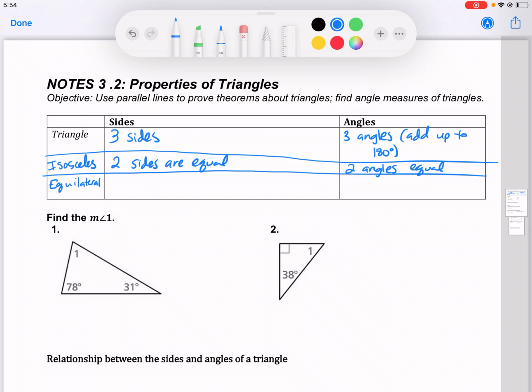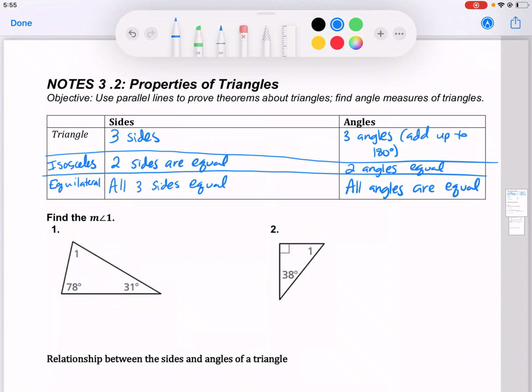Equilateral triangles, all three sides are equal. And same with the angles. All angles are equal. Okay, so that's just kind of some quick definitions.